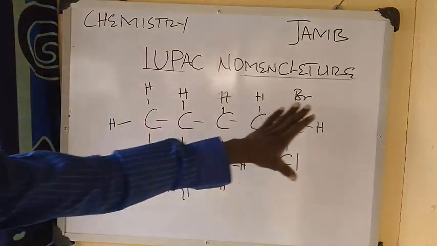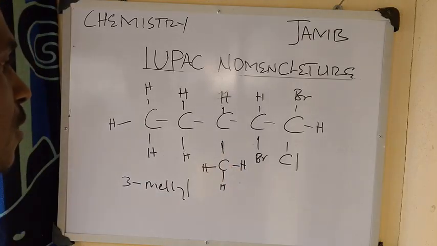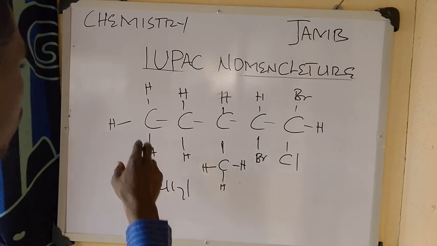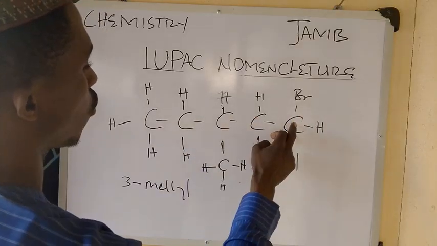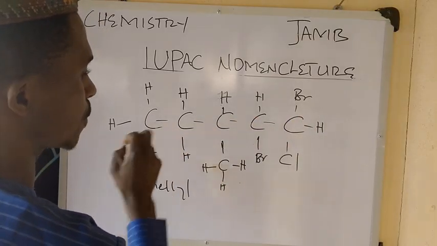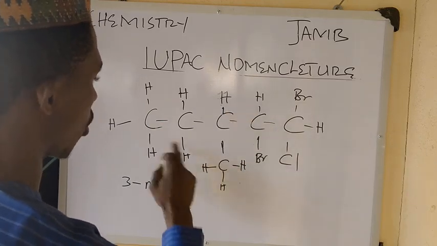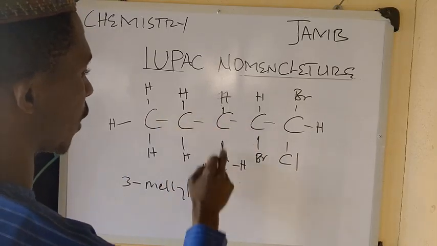So now, after identifying your substituents, the next thing is to choose your longest chain. If you look at this structure critically, when you move from this side, 1, 2, 3, 4, 5, or you move like this, 1, 2, 3, 4, 5. Then in this direction, 1, 2, 3, 4, or 1, 2, 3, 4.